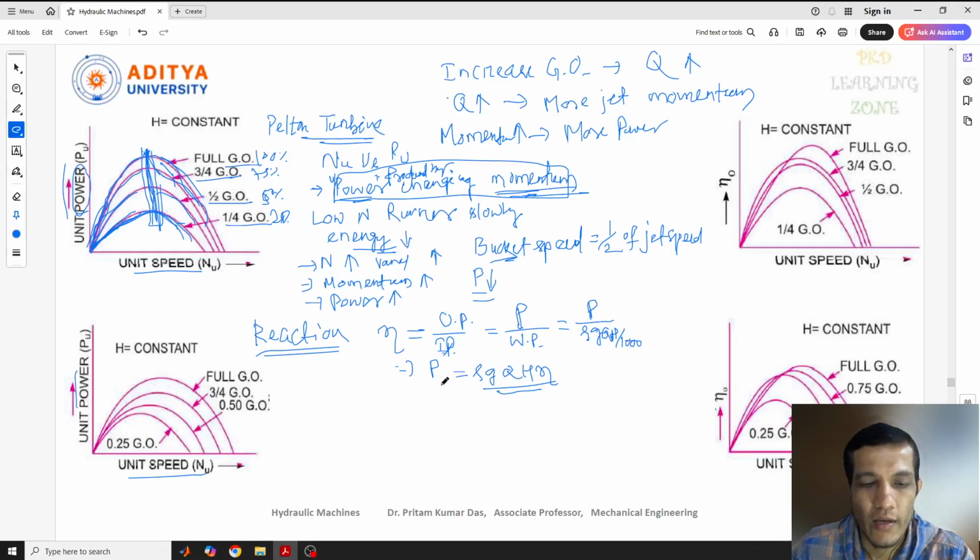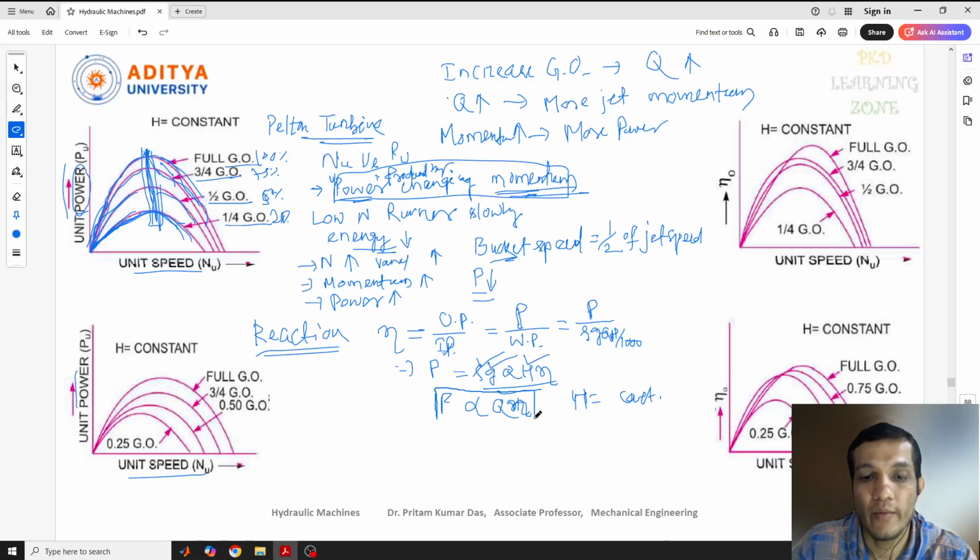Now power equals rho g Q H into efficiency. If I take direct proportionality, Q and efficiency will come, because density is constant, g is constant, and head is constant, as we are discussing constant head.